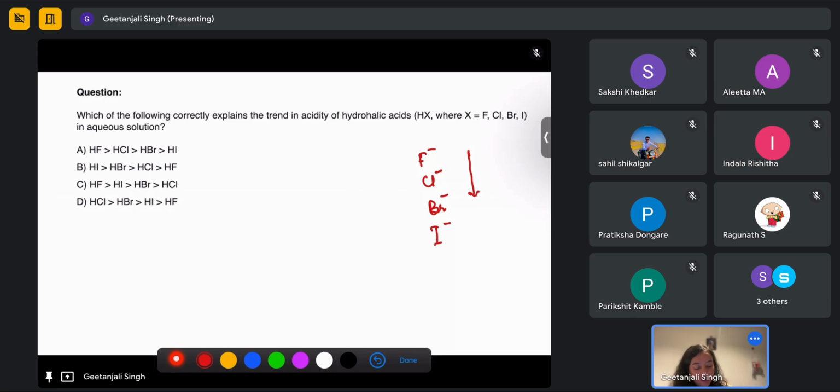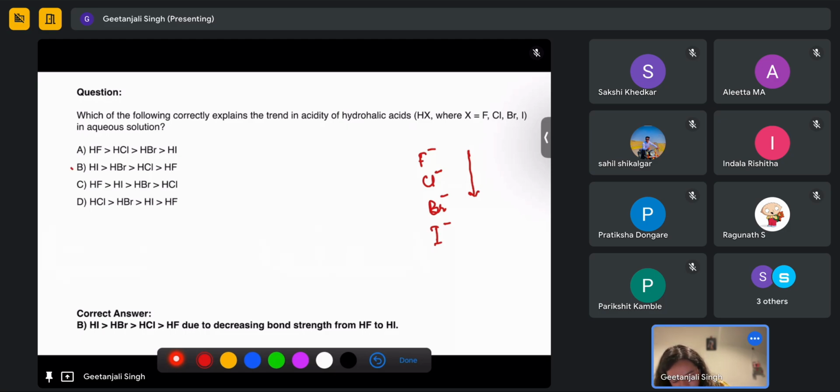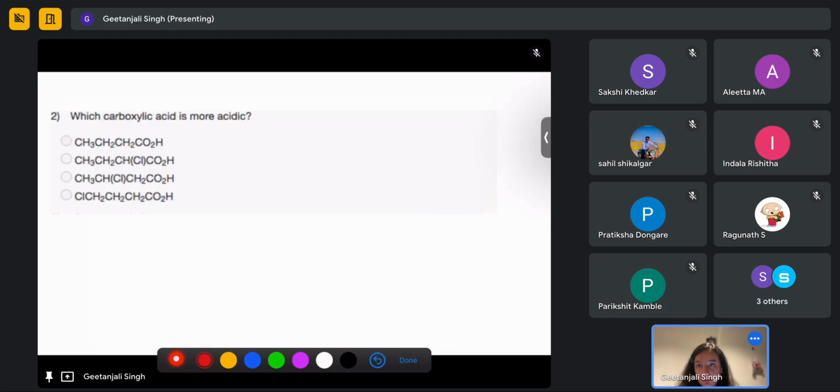And the decreasing bond dissociation energy also helps, and hence HI is more acidic than HBr, which is more acidic than HCl, which is more acidic than HF. So yes, B is the correct answer. Now let's move towards the next one.